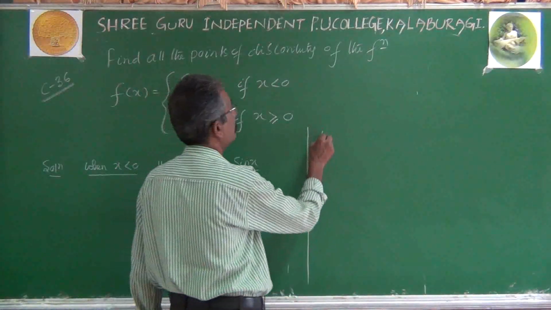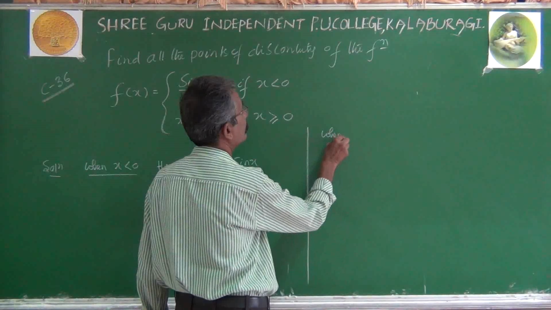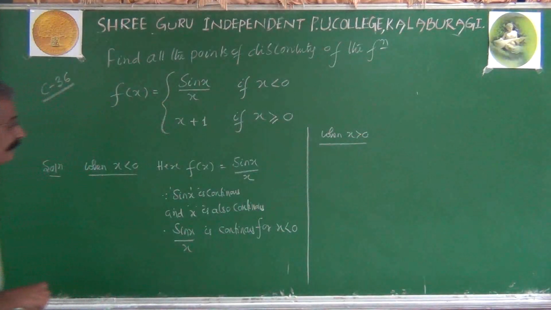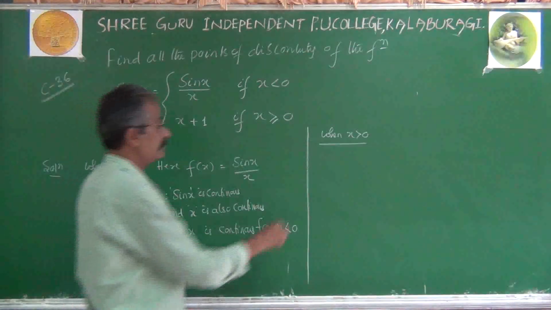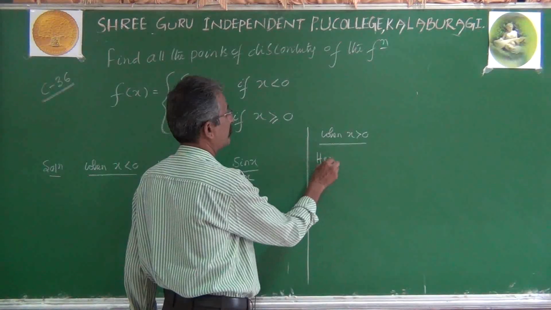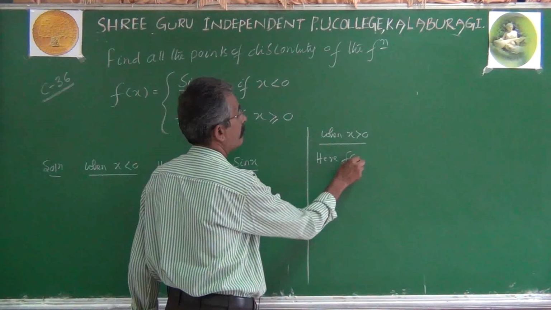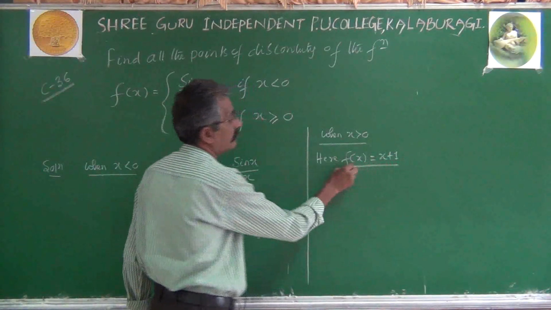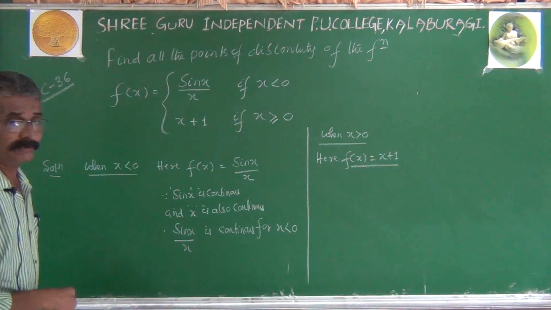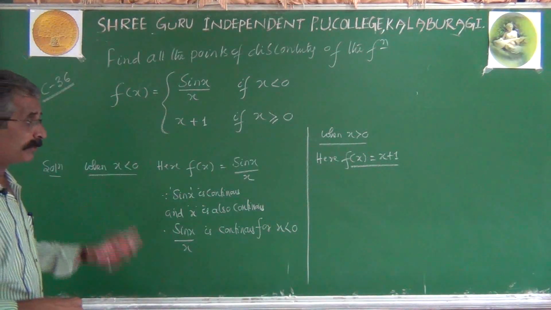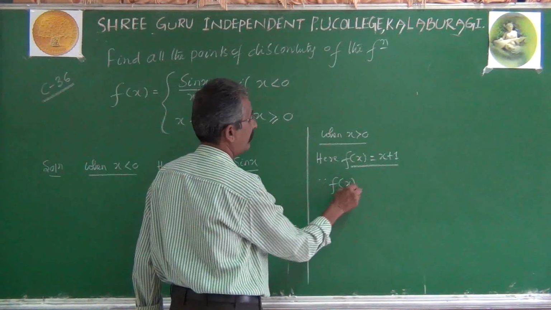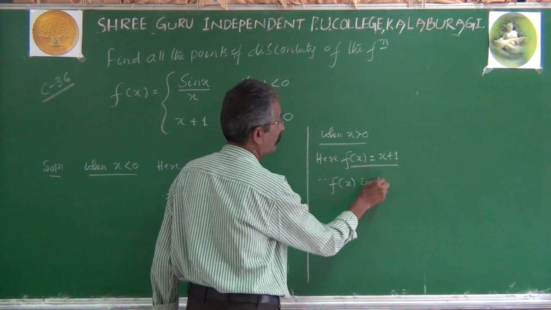Next, when x greater than 0, in this case f x equal to x plus 1. But what is x plus 1? It is an algebraic polynomial, since f x is an algebraic polynomial.